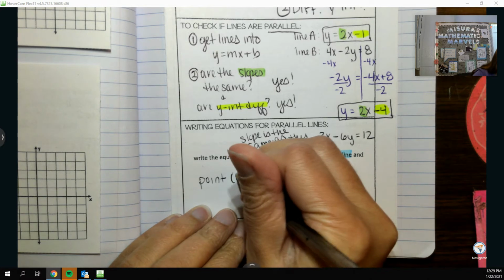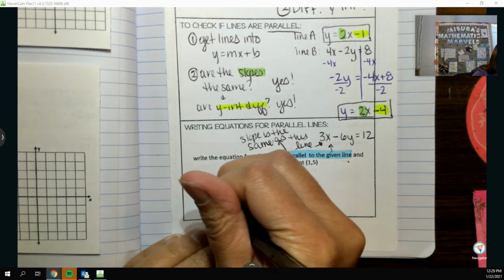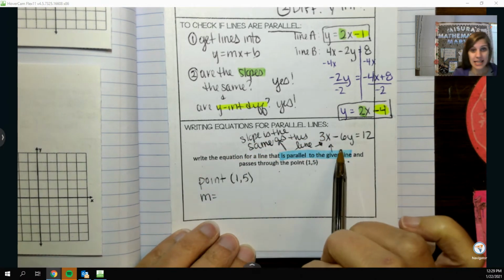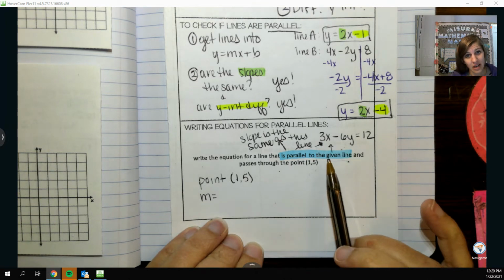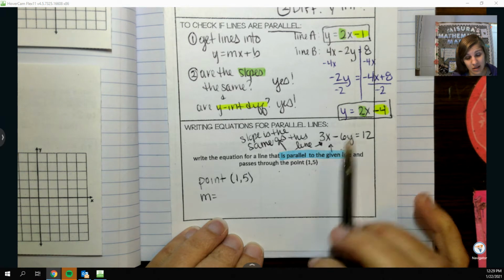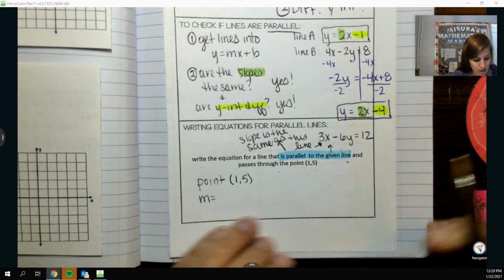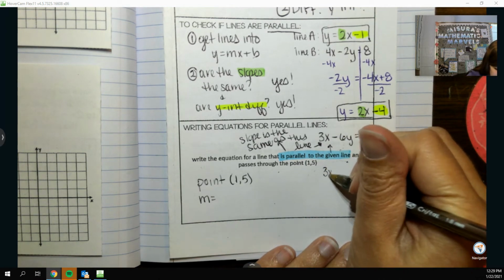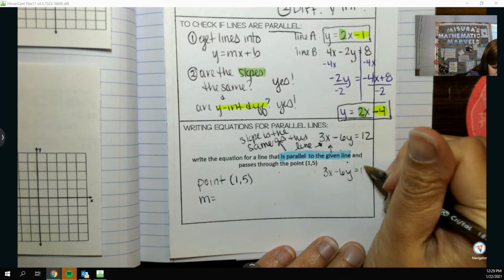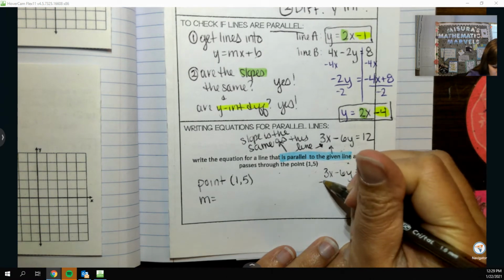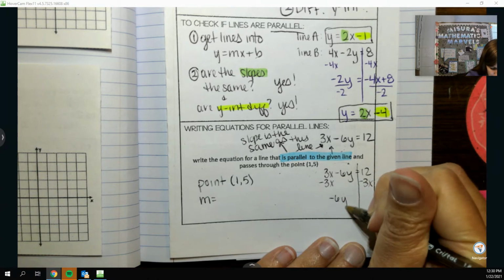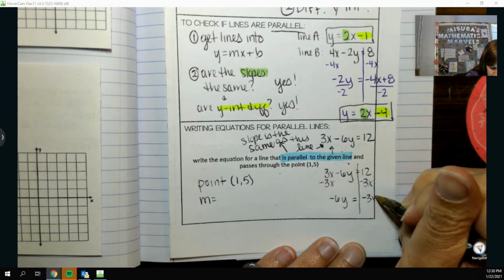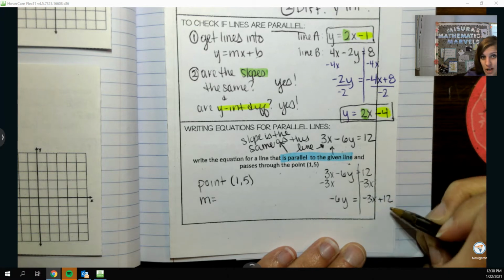So the point that they've given me is (1, 5). I need my slope, and it will be the same as the slope from this one. The trouble is, I can't see the slope right now. It's in standard form. So I need to take that 3x minus 6y equals 12 and get y alone. So I'd subtract the 3x from both sides, and then not combine those because they're not like terms.